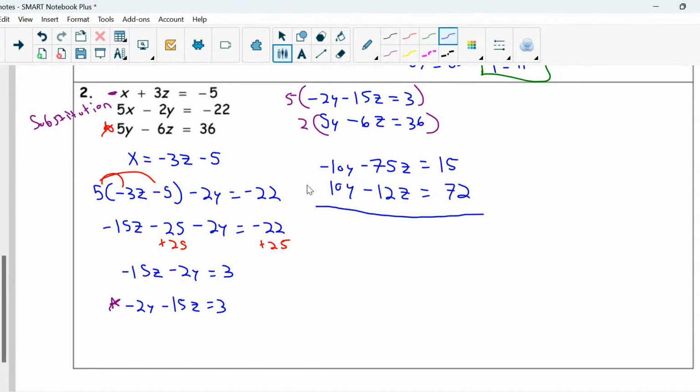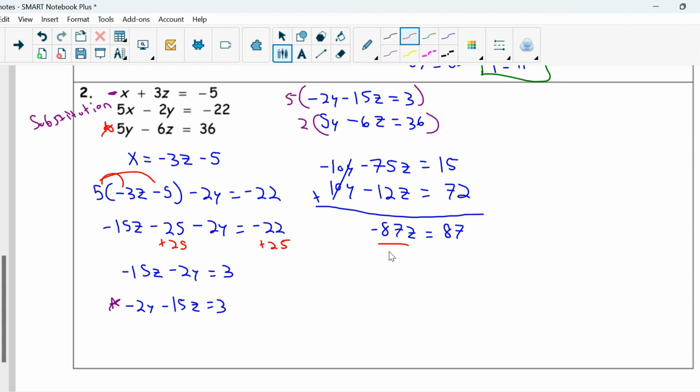So now at this step, let's go ahead and add in order to eliminate our y variables. Negative 75z plus negative 12z gives me negative 87z equals 15 plus 72, which is just 87.